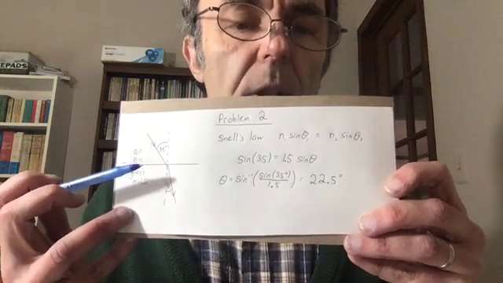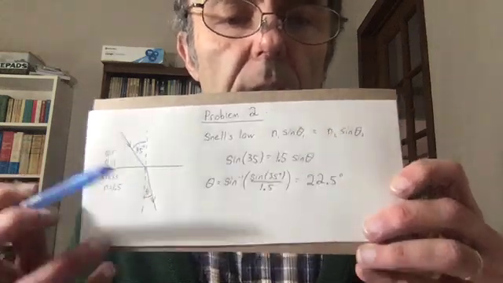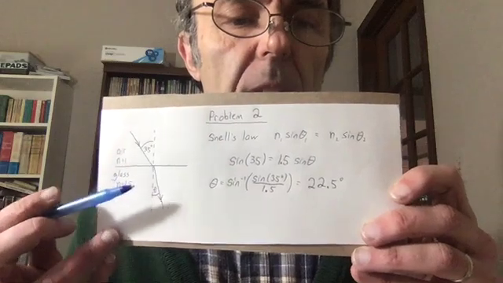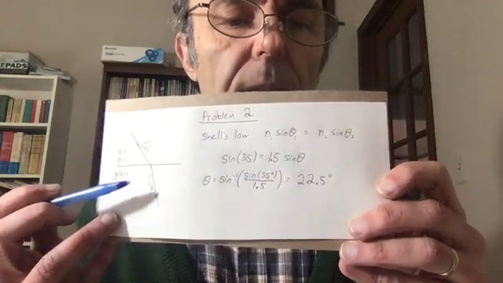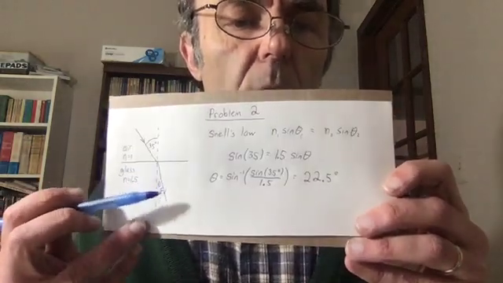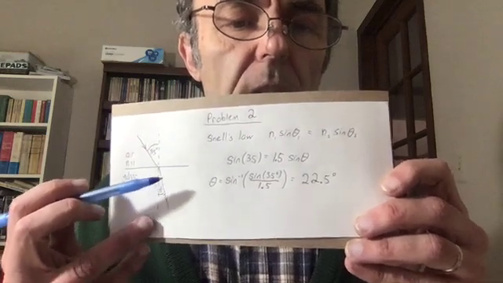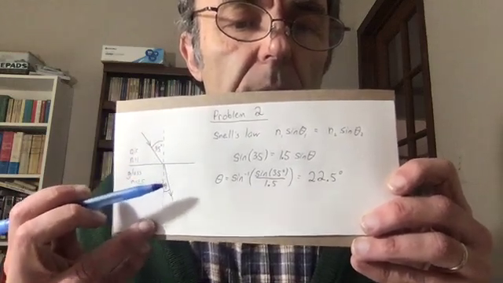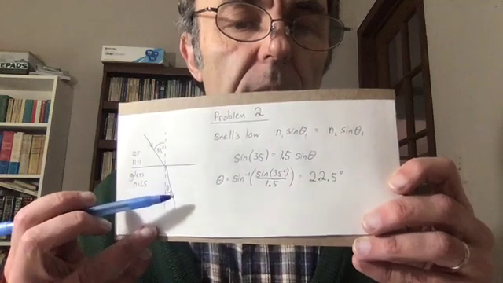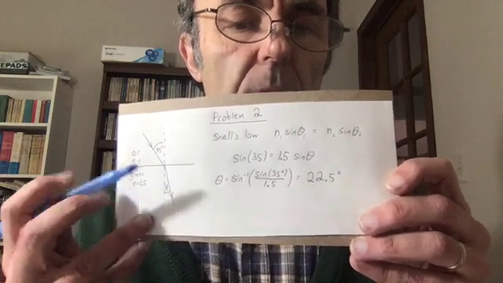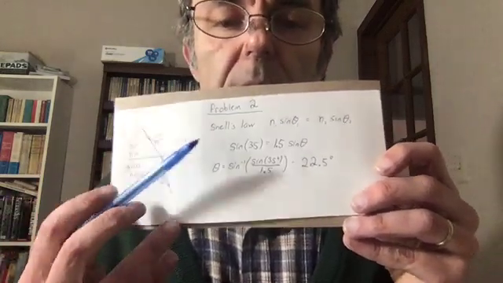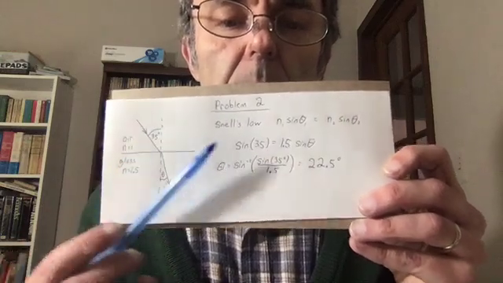And it's in air, which has index of refraction of 1. And it's going to come down and hit glass, index of refraction of 1.5, and it's going to be bent towards the normal. So your angle is going to be less than 35. It's going to be some unknown quantity theta that's going to be coming down here, again measured from the normal direction. This is a classic Snell's law problem.